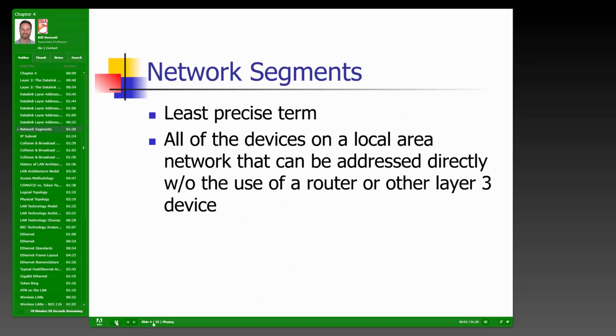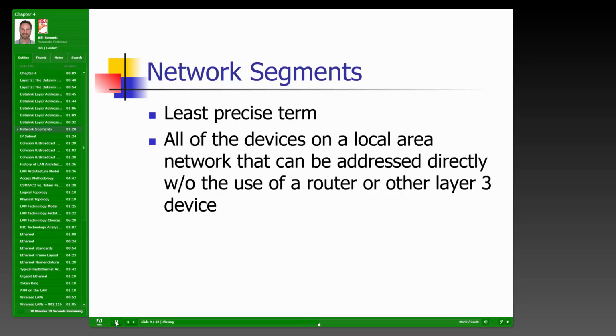So we need to define network segments because we use that terminology quite a bit when we're discussing networking. A network segment is just a collection of devices that are all attached usually to the same equipment like a switch or a hub, and they can send messages to each other without the use of another device called a router or a layer 3 device, because remember that the media access control, the MAC address, is a data link layer address, so layer 2.